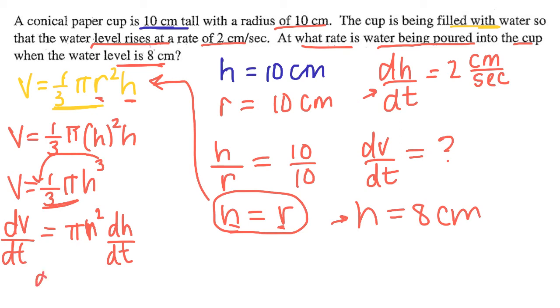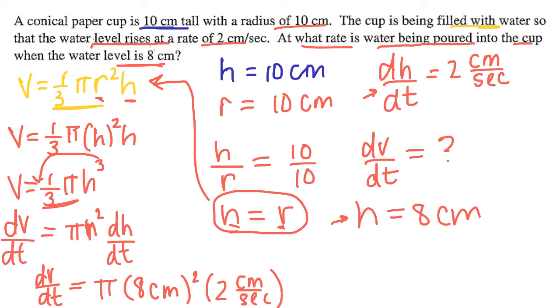So we have dV/dt equals pi times our height squared. Our height squared is going to be 8 centimeters squared, times the rate of change of the height, which they gave us as 2 centimeters per second.